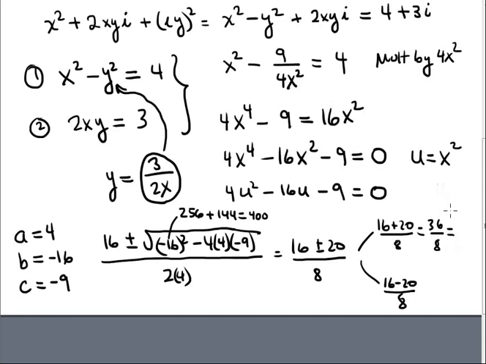Simplifying, divided by 4 is 9 over 2. Okay, it's 9 over 2. And this is negative 4 over 8, which is negative 1/2. Okay, and this is the value of u.